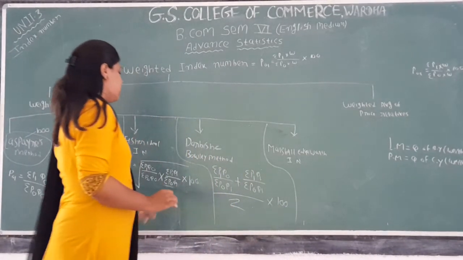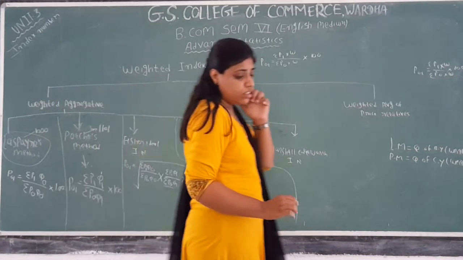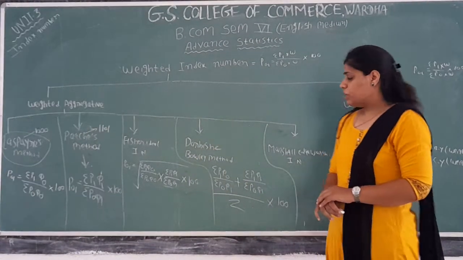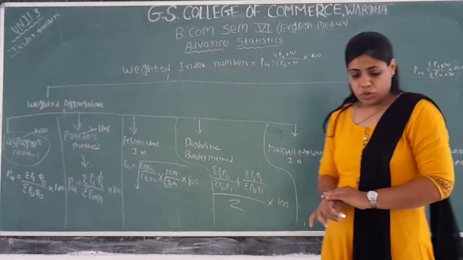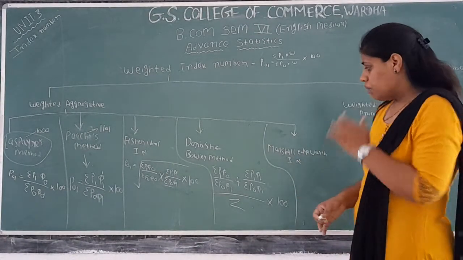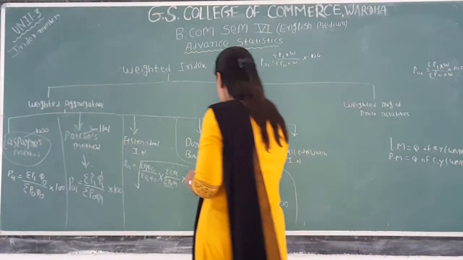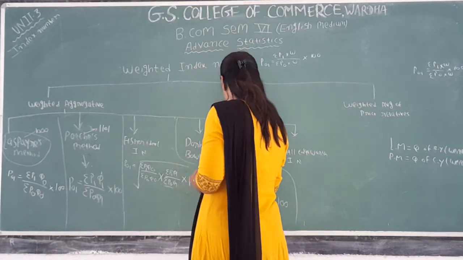So this way we calculate the index number by using Drobisch and Bowley's method.